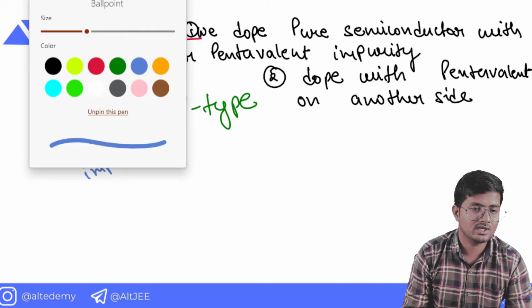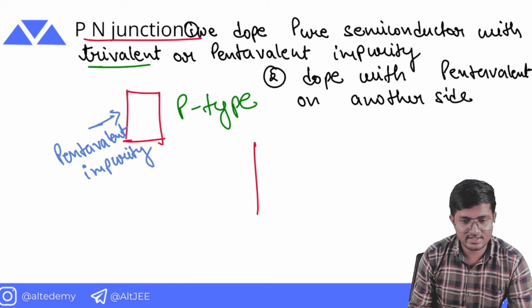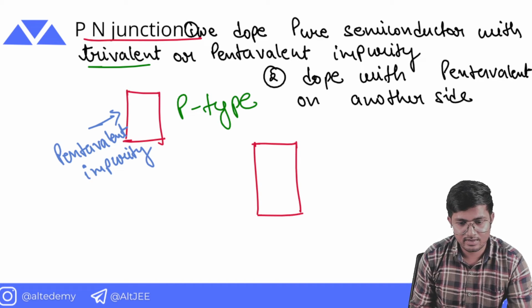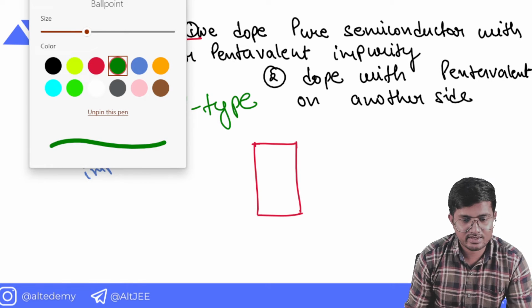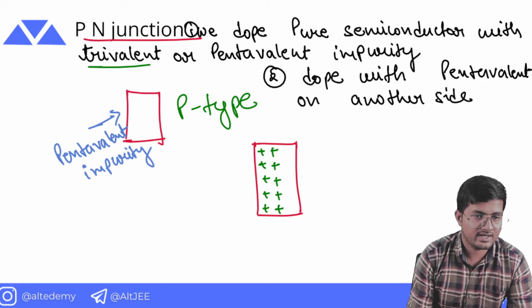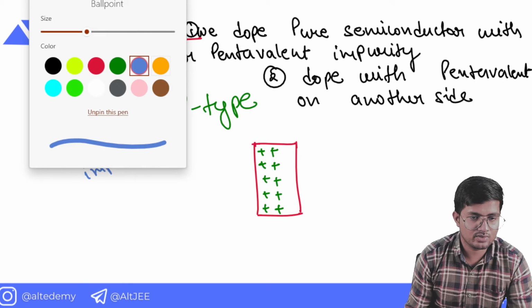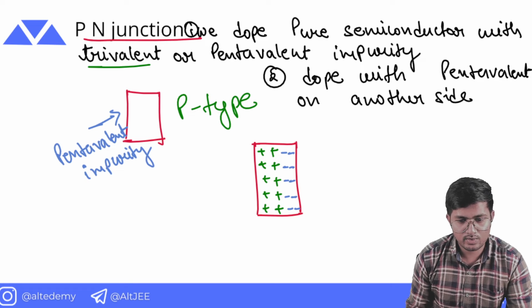So if this is my p type semiconductor, I have positive charge carriers here, and the other side is doped with n type.